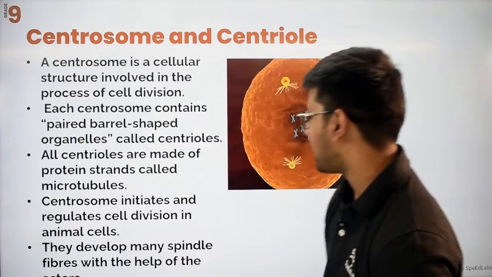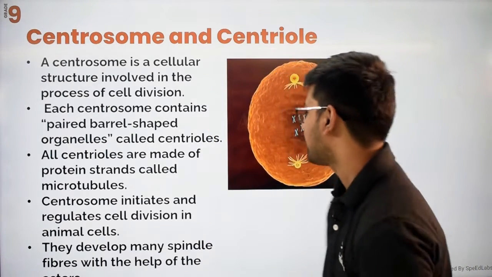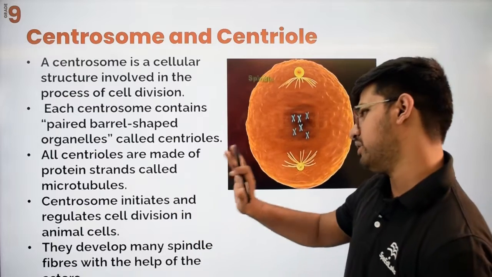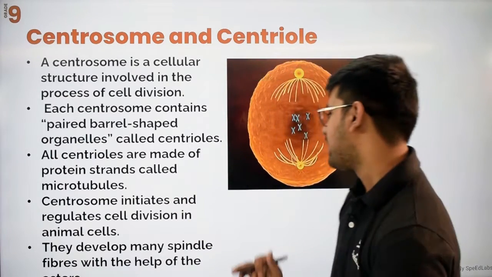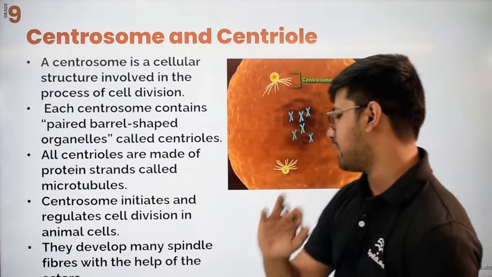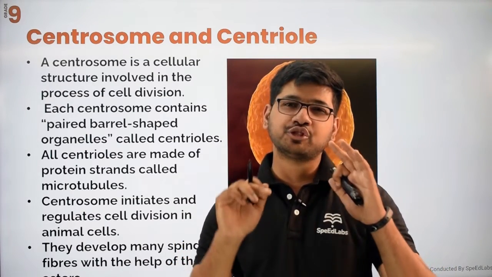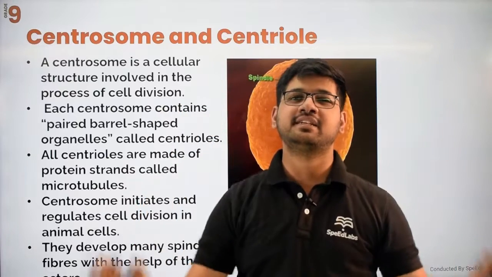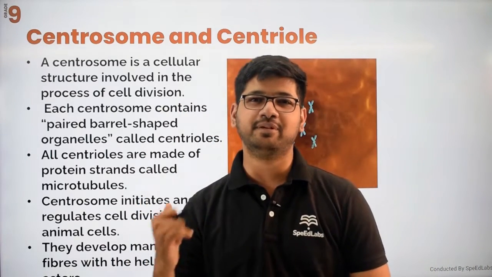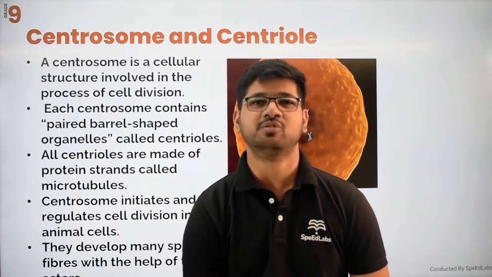Okay, I hope it has been clear to you. So the centrosome initiates and regulates cellular division in animal cells, and they develop mainly spindle fibers with the help of asters, which are star-shaped structures that secrete those spindle proteinaceous fibers that attach to the chromosomes.